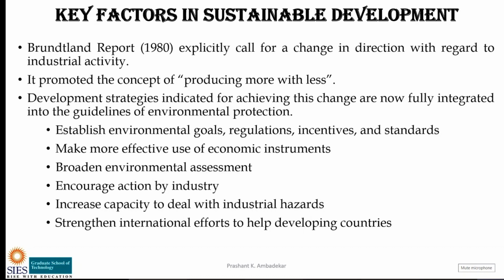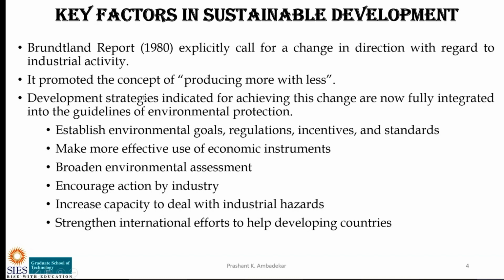Suppose there is a chemical industry and it is leaving all its waste. Where is it putting the waste? Either in the sea, maybe in some river, or on the land, or in some way back into the air. So for this hazardous industrial waste, increase capacity to deal with it.